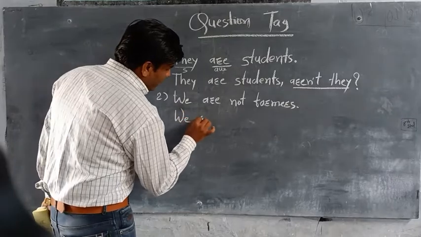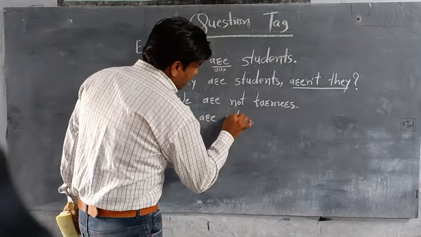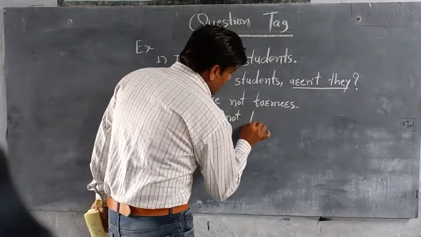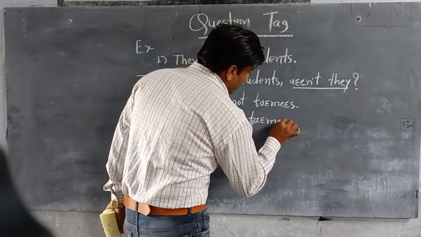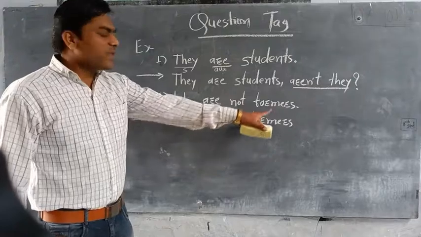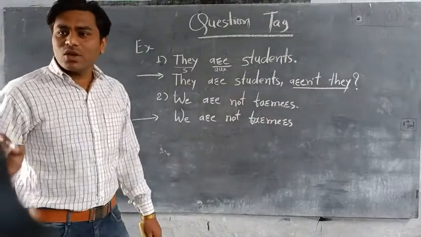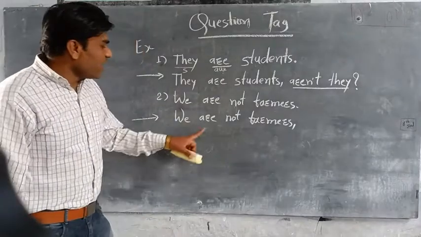We are not farmers. We have to remove the full stop and then put the comma. Here is are not.